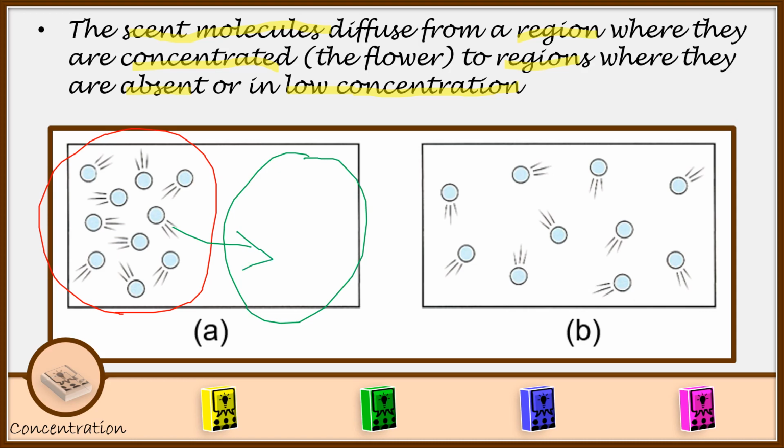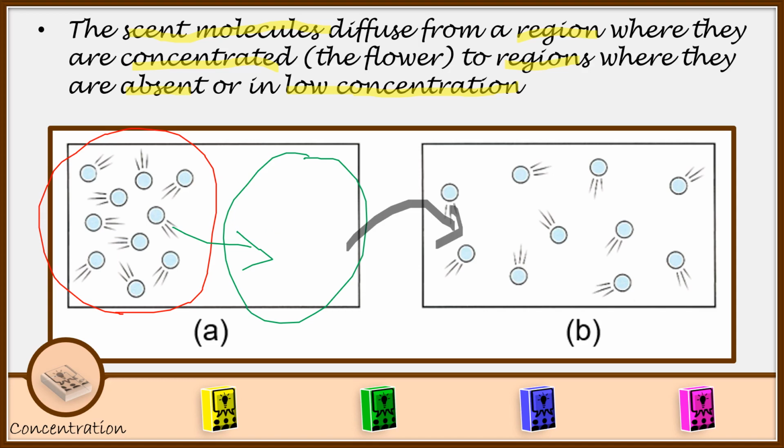So that's why we are seeing now these particles come from this area where they are highly concentrated, that is the region where they are being produced, and they will go to an area where they are absent or in low concentration. So we shall have something like this.